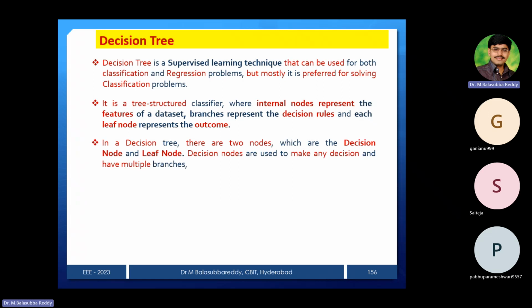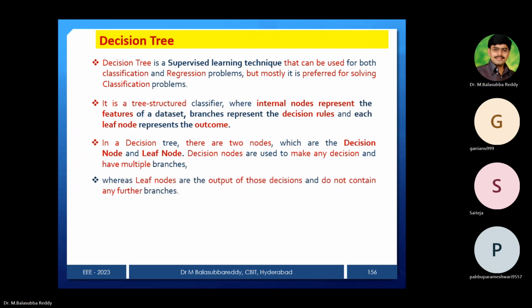Then in the decision tree, there are two major kinds of nodes: the decision node and the leaf node. Decision nodes are used to make decisions and have multiple branches. As I said, we start with one node that we call a decision node, and thereafter we divide the classification up to the leaf node.